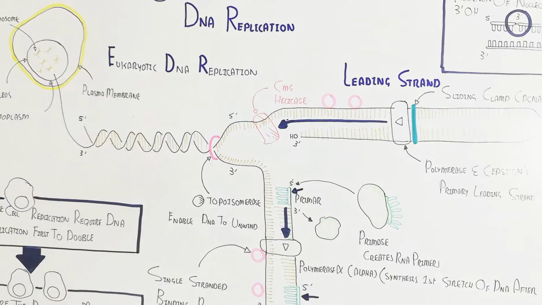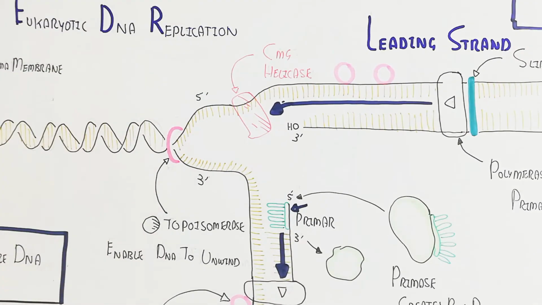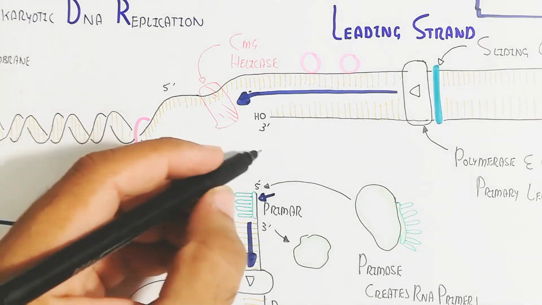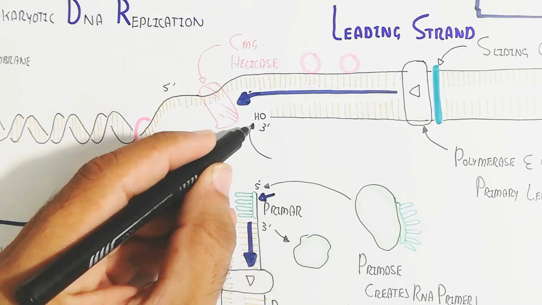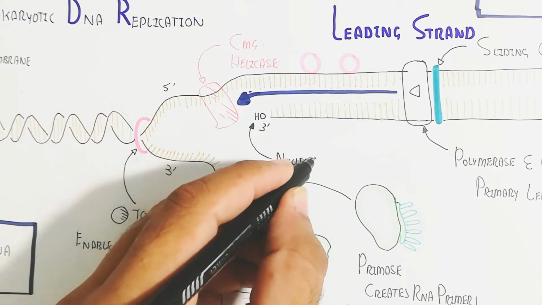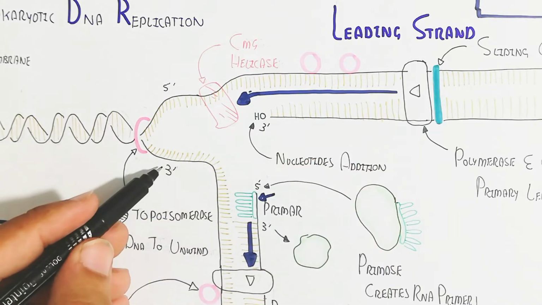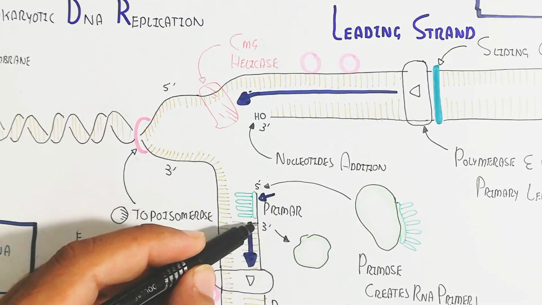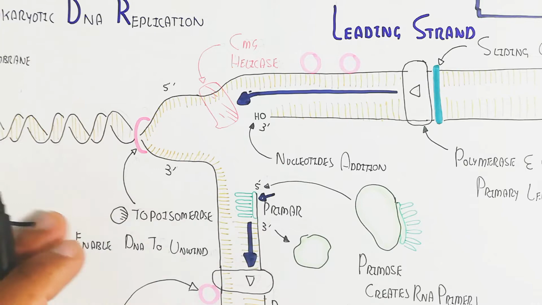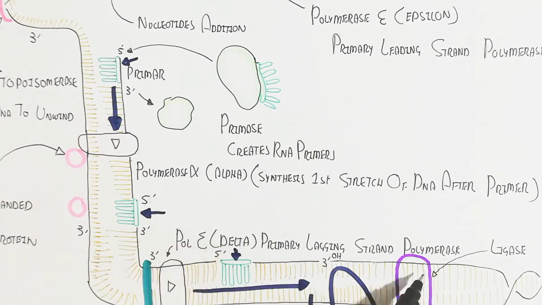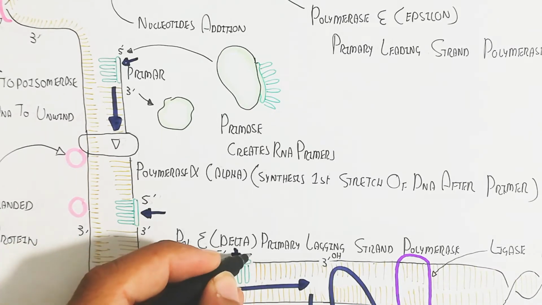You need to understand the primer: here is the hydroxyl group, and this hydroxyl group is used for the addition of nucleotides. The requirement for the 3' hydroxyl is provided by the primer, as I am drawing here.